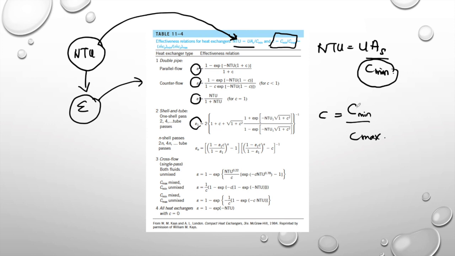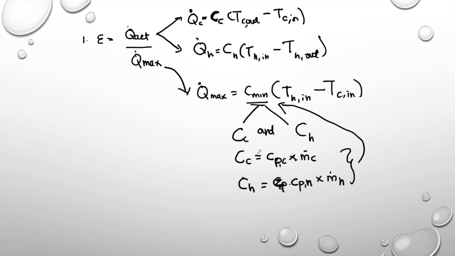Specific heat capacity minimum over specific heat capacity maximum. So again here, if you compare the value of CC and CH, you will know the value which has the minimum. Okay, and then the other value will be the maximum. Therefore, for example, you calculate the CC, then you get 400, for example, and then you calculate the CH, you will get 500. Therefore, this will be the C minimum, and then this will be the C maximum.